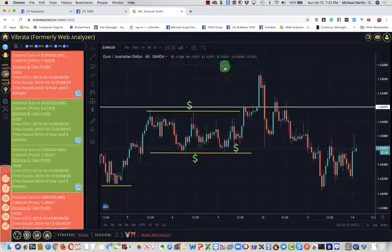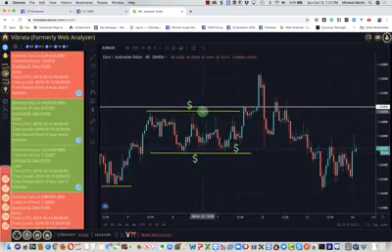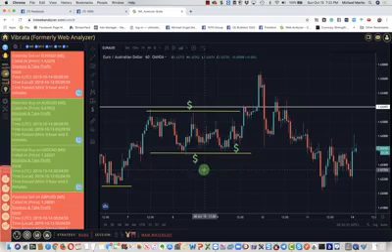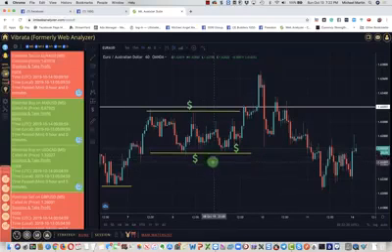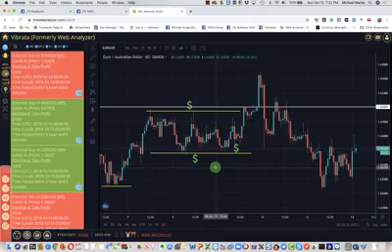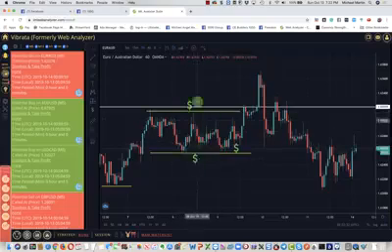Also, there are people who try to play the breakouts. They might put a buy stop here, so if price breaks out they're in the trade, or a sell stop down here, so that when it breaks out they're in the trade. So all these different retail traders are loading up their money on both sides of this.